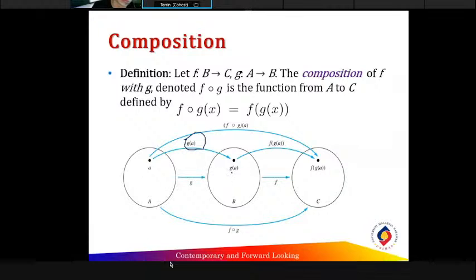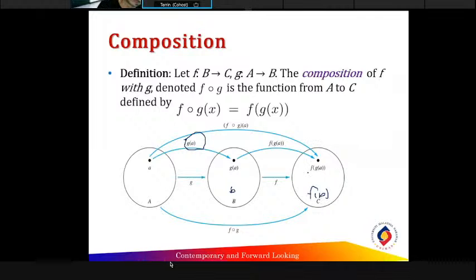So that's why you see this is element A and the value you get for GA. And then this is your function F, where it maps all the elements in B. So you have the case of elements B here, and then you're going to get the function that would give you the value for FB, right?